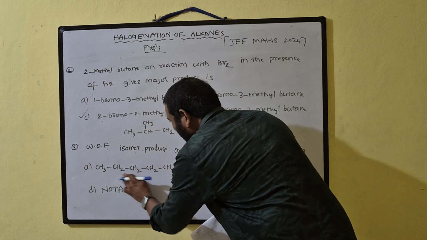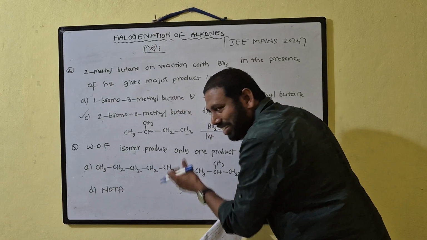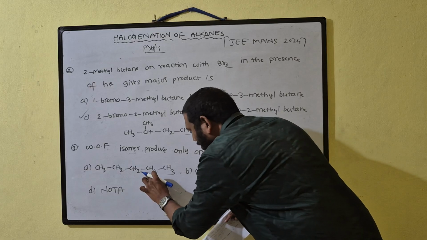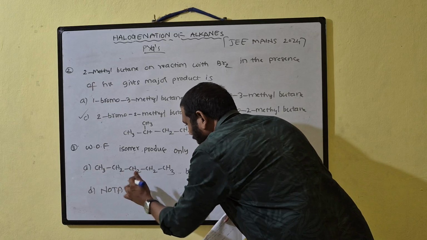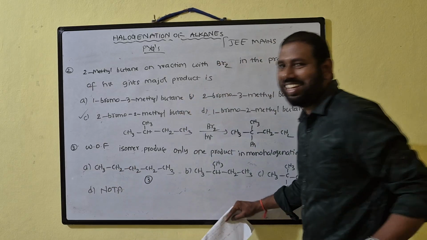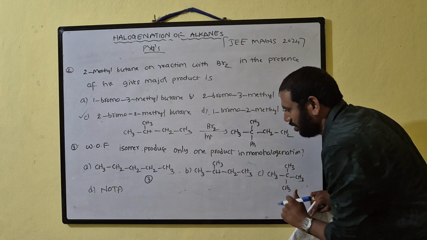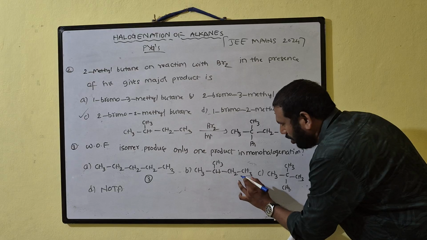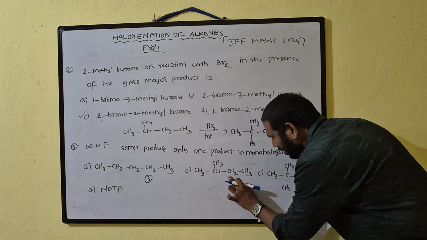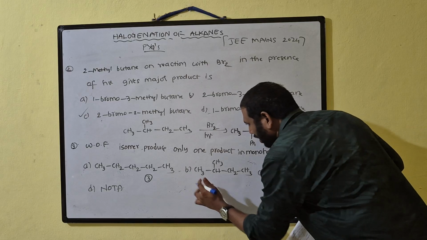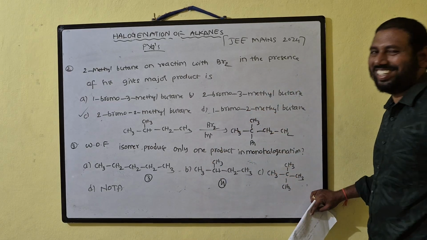So in which case will only one product be produced in monohalogenation? Check option A. On halogenation, substitution takes place at this carbon, this carbon, and this carbon. It can form three products. If you take this compound, substitution takes place at each of four different carbons, so it forms 4 products.